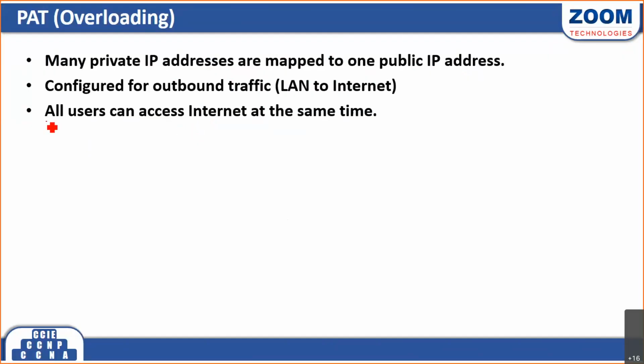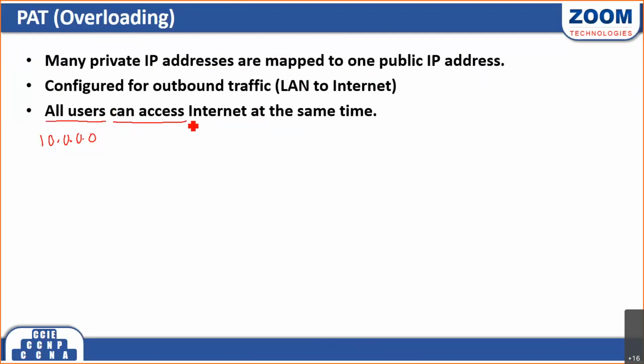All users means how many users in your network? Every user, meaning 10.1, 10.2, 10.3, 10.4, 10.5. So all users means the whole network, the 10.0.0.0 network ID. Can access or cannot access?